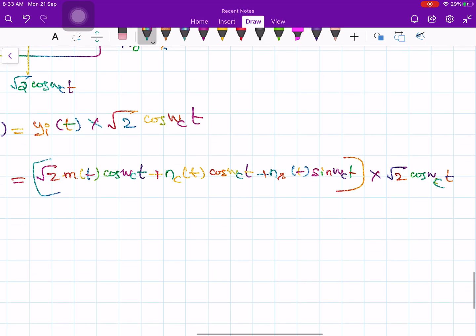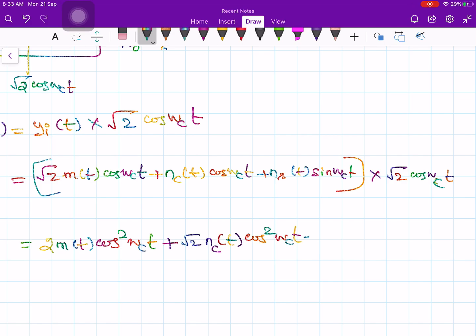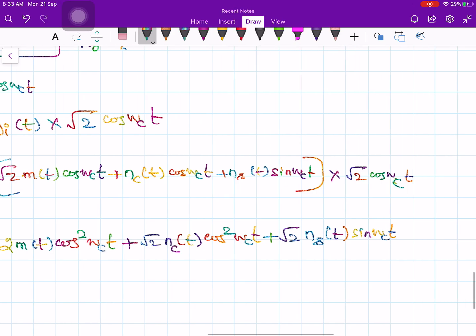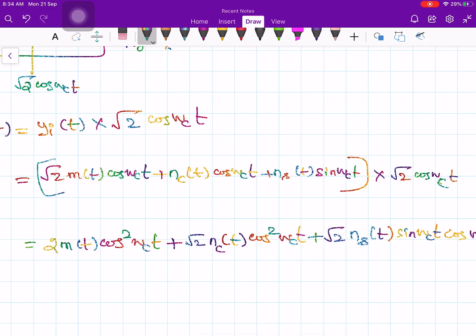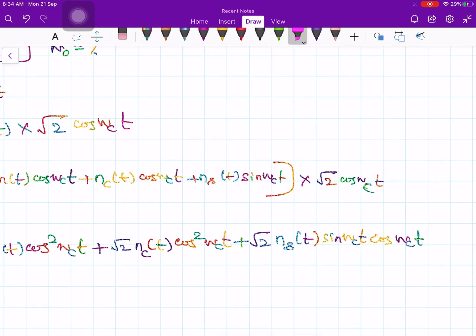Then the first term will be root 2 times root 2, which becomes 2 times m of t cos square omega ct, plus root 2 nc of t cos square omega ct, plus root 2 ns of t sin omega ct cos omega ct. Now look at the last term. Both are orthogonal to each other, therefore this will lead to 0.